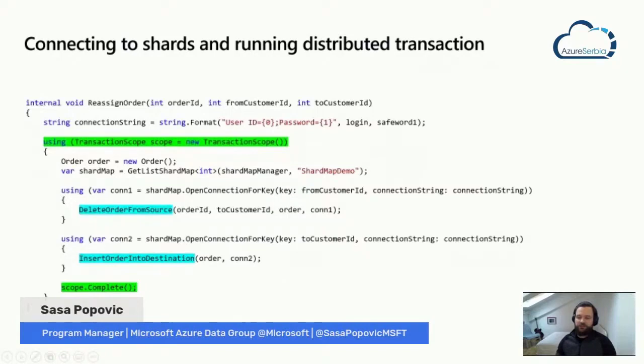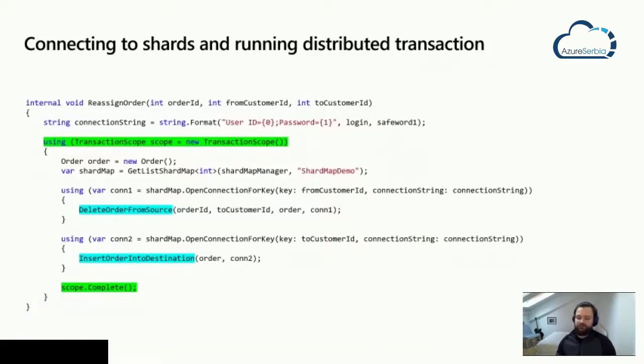We will use the shard map and open a connection for the current customer, and we will delete the order from that shard. We will open a connection for the correct customer on the proper destination. The shard map will give us that connection. We will insert the data into that one, and we will mark the transaction as completed.